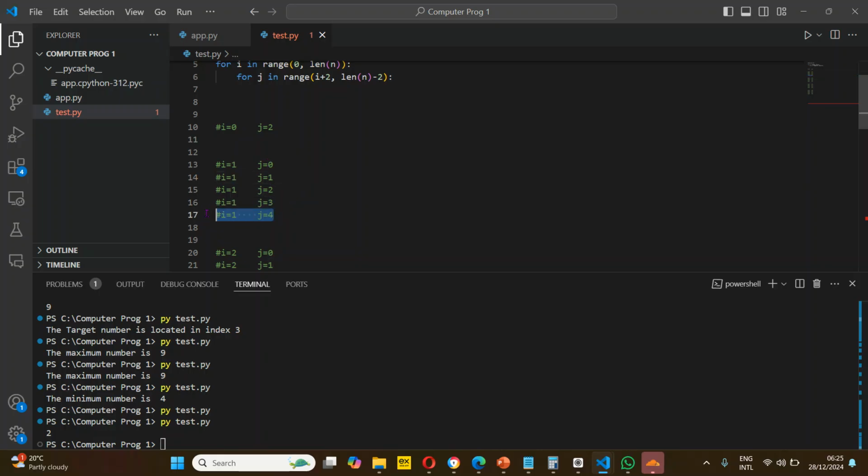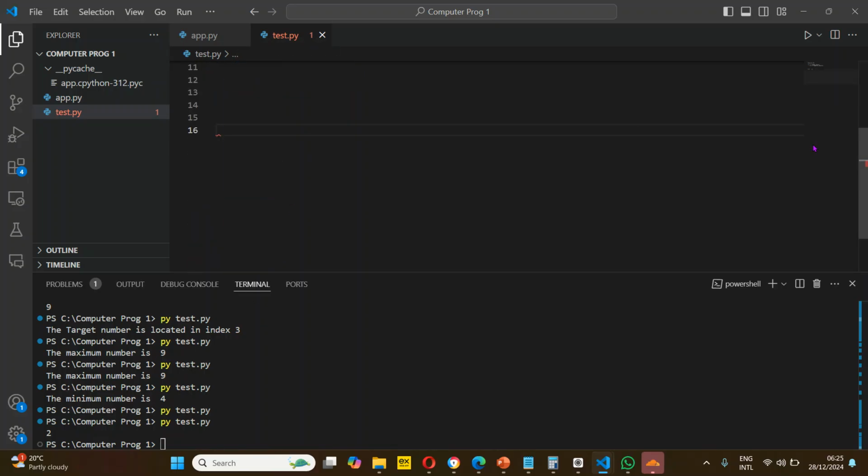So remove this when i equal to 1. Now you're saying i plus 1 equal to 3, and you already removed 3 here. That means no iteration will be performed here. So it means that the entire loop will only run one time. It will only run i equal to 1, j equal to 2. We only run one time.